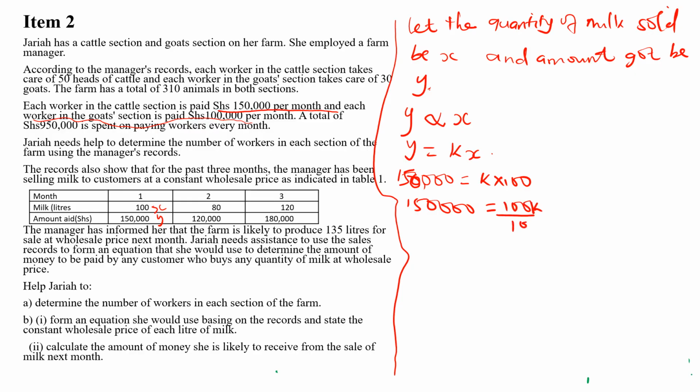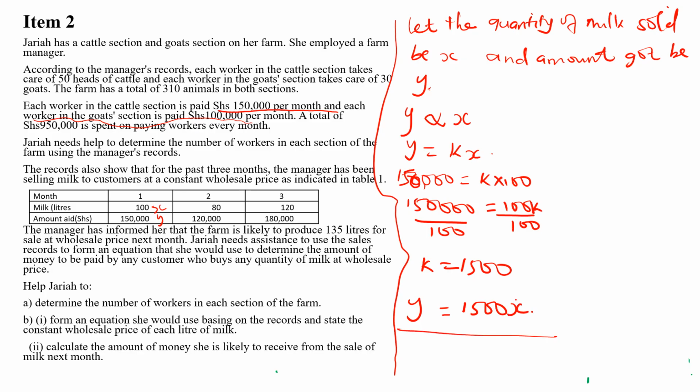You divide by 100, also this side divide by 100. So you get the value of k as 1,500. So the equation is y equal to 1,500x.